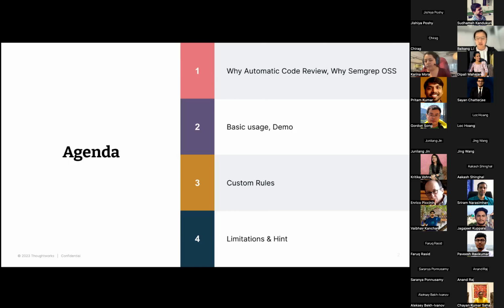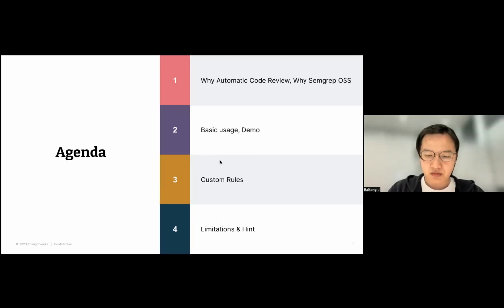Third, I will share how to create custom rules to support our privacy business rules or something else. And the last thing I want to share is the limitations of Semgrep's capability and some hints for writing good custom rules.